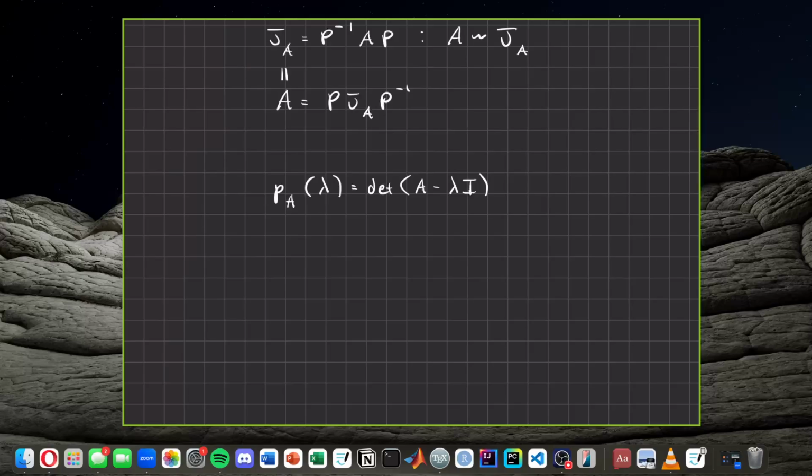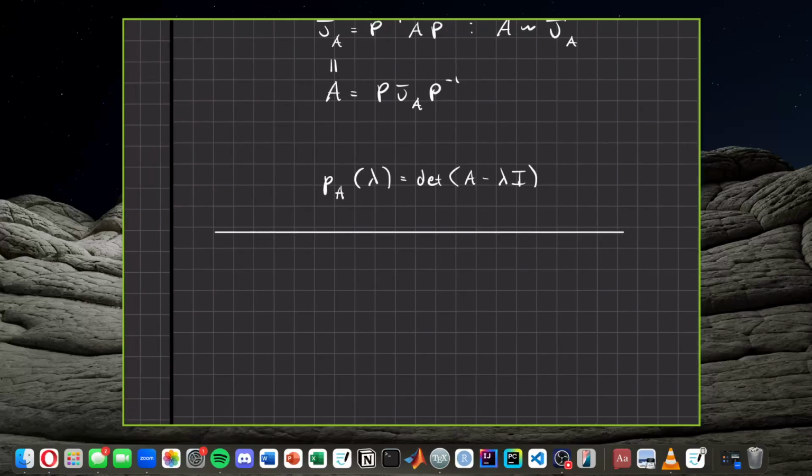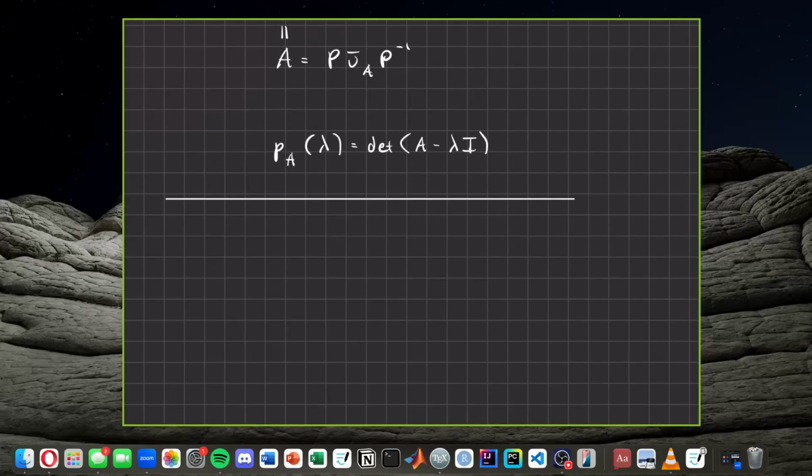And while we're not calculating eigenvalues explicitly right now, we know that the determinant itself is defined as the product of something. More specifically, let's just do some little background right here so the next step is clear. The determinant is a function that maps a square matrix to a scalar.